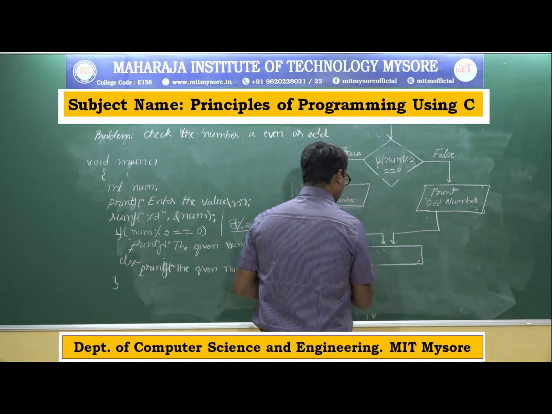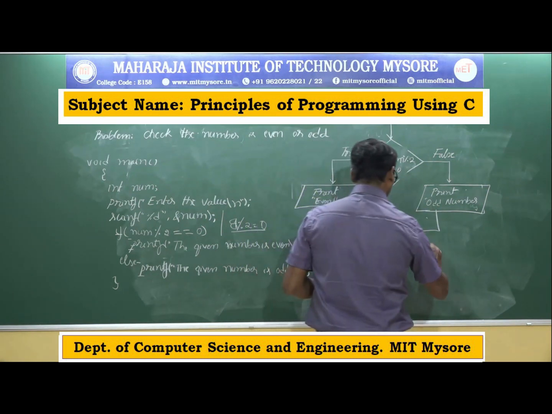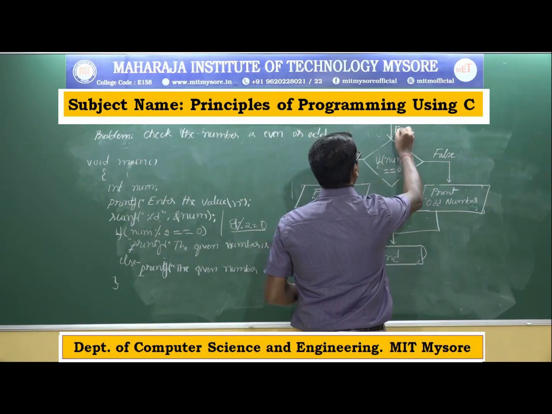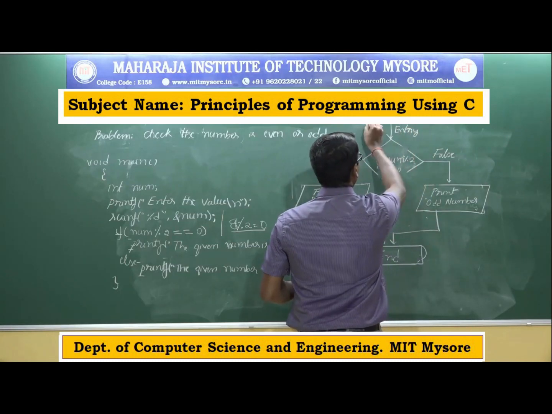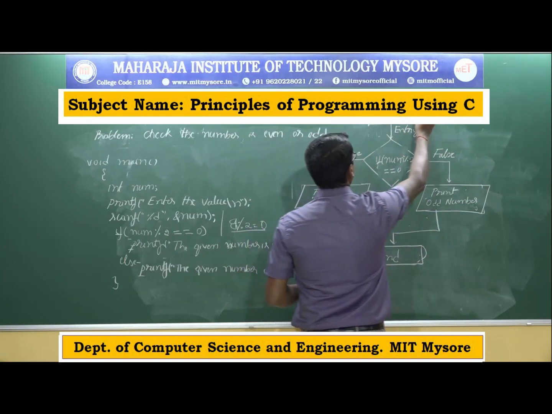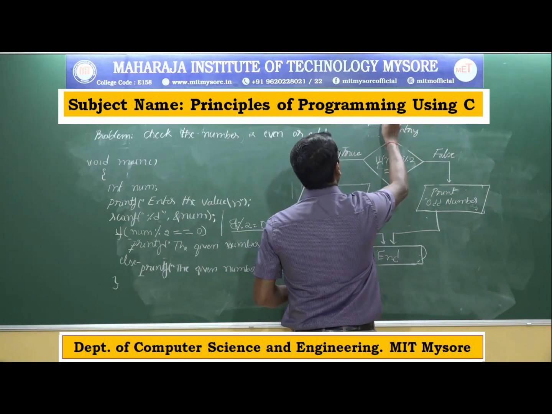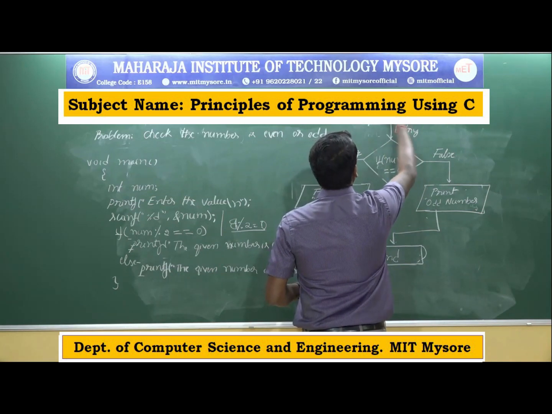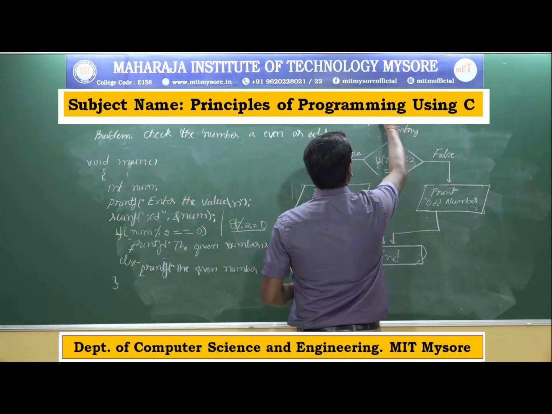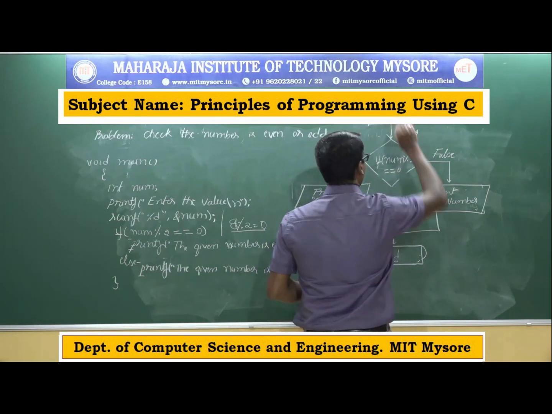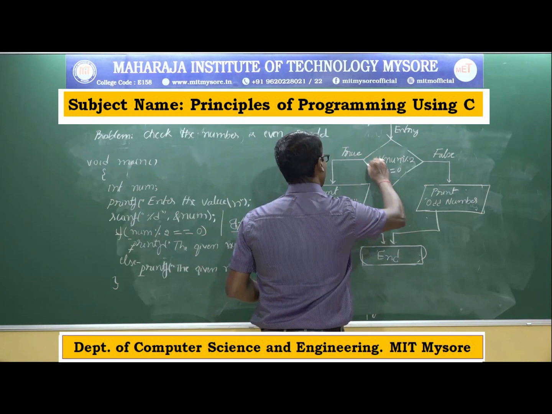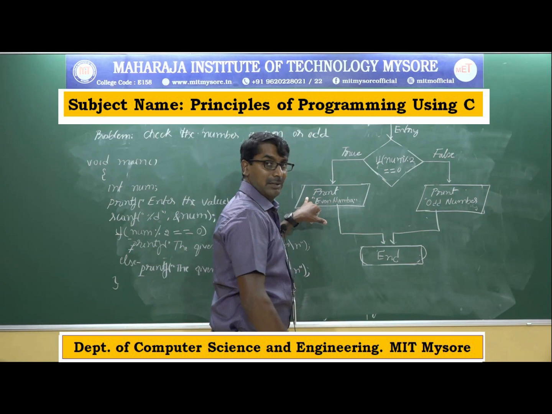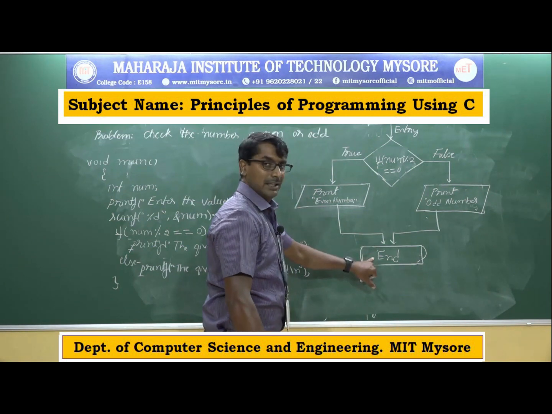Then this statement is executed, because any one of the statements executes. If the condition is true, it will print even number and exit.